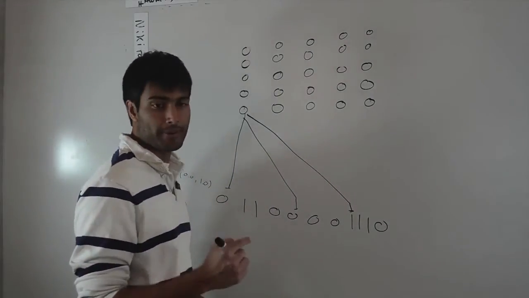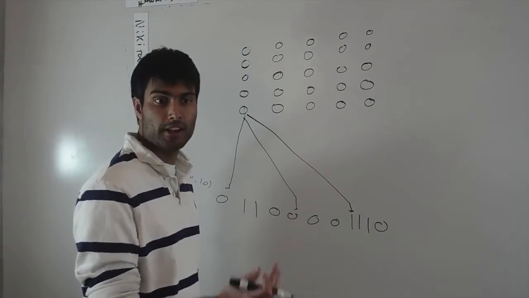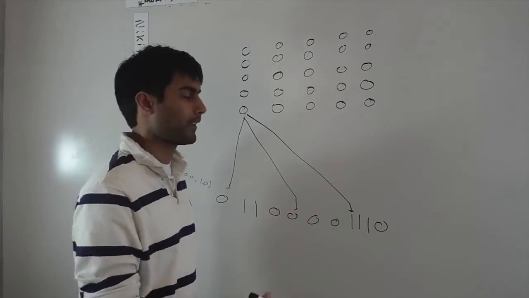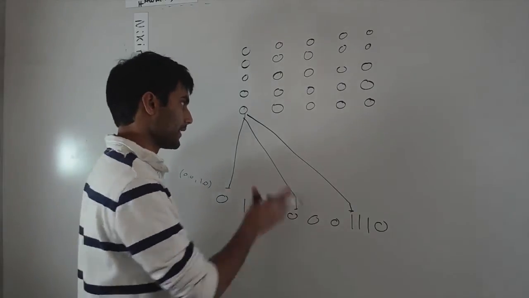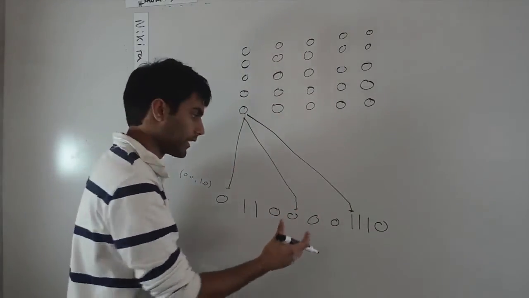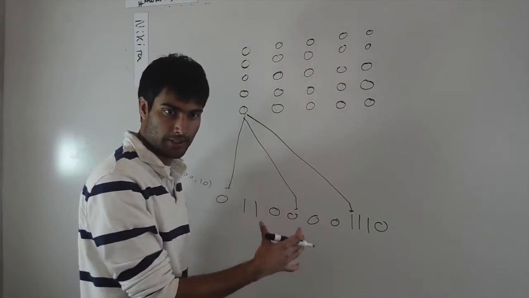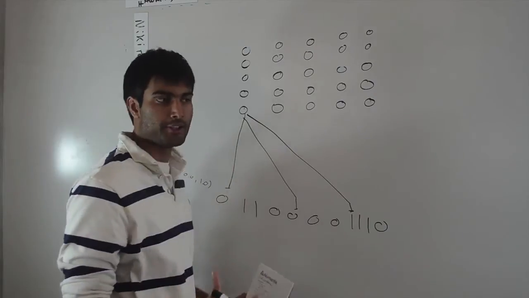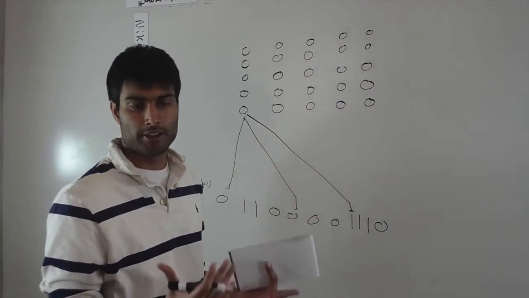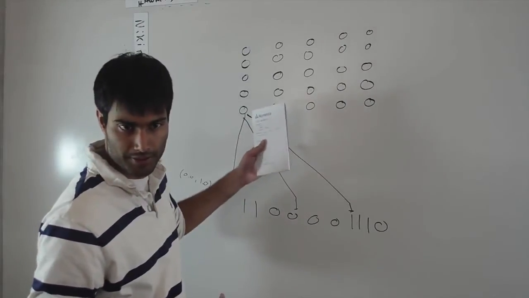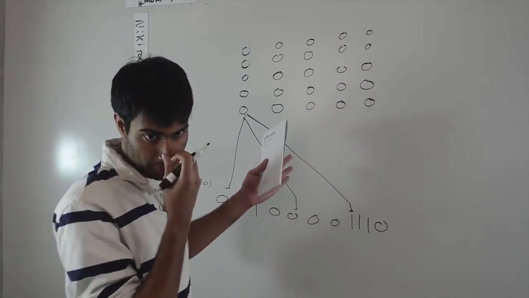Secondly, once we've selected which columns become active, we have to select which cells within those columns become active. The concept in the CLA is that the active columns are a representation of the current input. It's some way of representing what the current record was. The idea is that we want to do that in such a way that similar inputs become similar representations in the spatial pool.